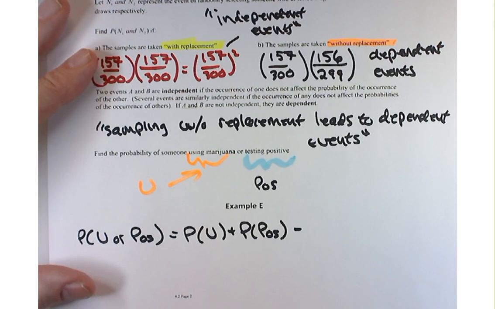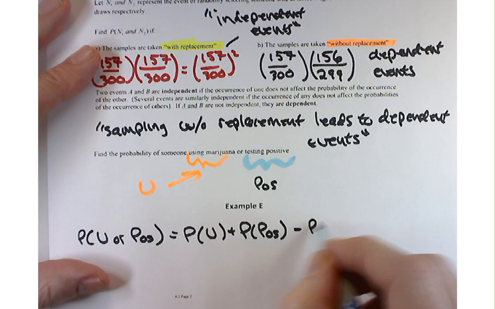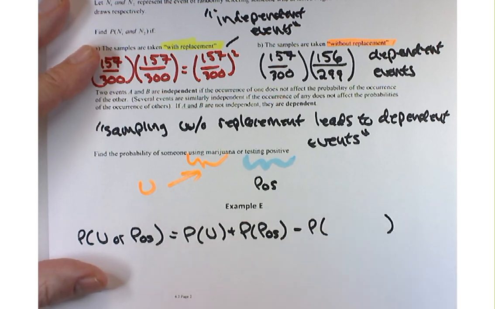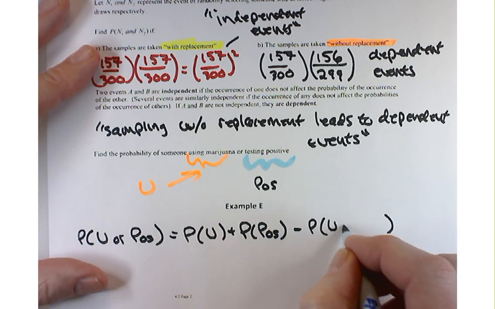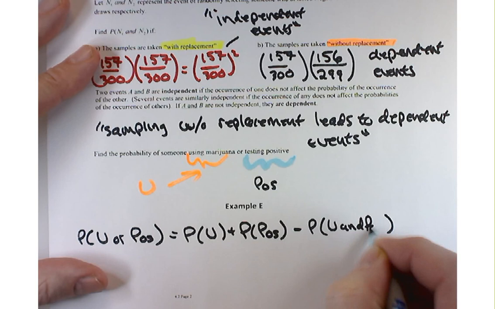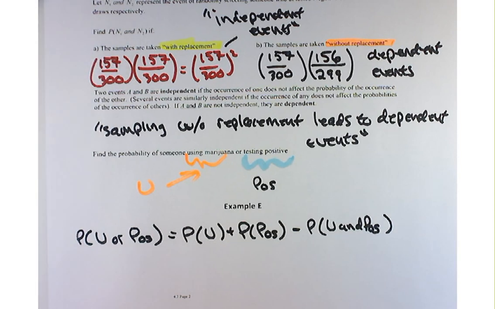What do I need to subtract there? Well, I could have some double counting here, so I need to subtract off, yes, their intersection, probability of U and positive. So somebody that uses and tested positive.